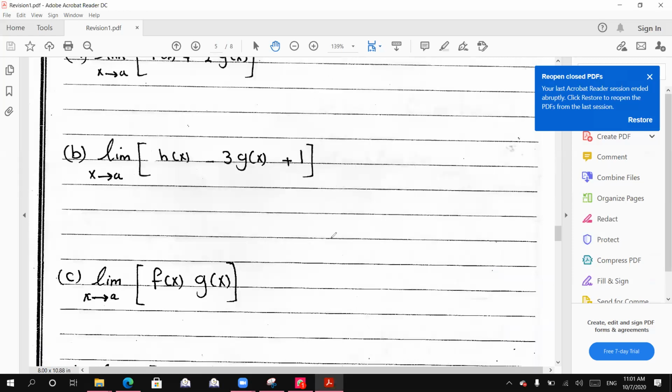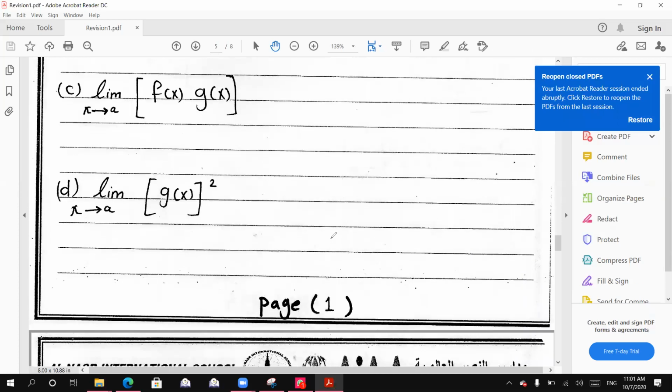Now, let's do limit of g of x, squared. This one, what does it mean? That means I can write it like this: limit g of x, squared.